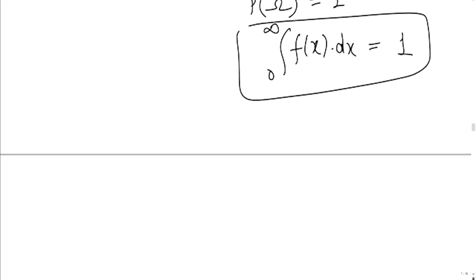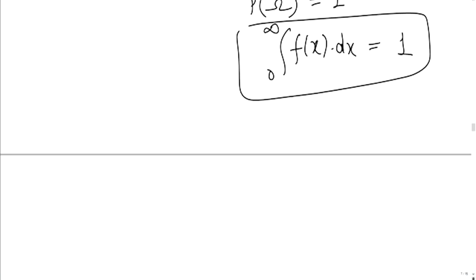It's an abstract concept: how likely that particular value of x is to occur. It's related to probability, but it's not exactly probability. It tells you the likelihood of occurrence of a particular value of the random variable. And if you multiply this probability density with an interval and integrate it, you get the probability mass. So probability mass is the area under the probability density curve.